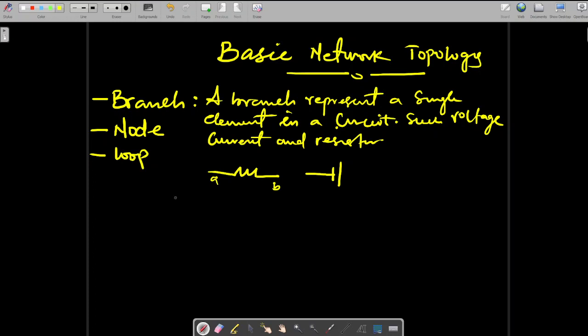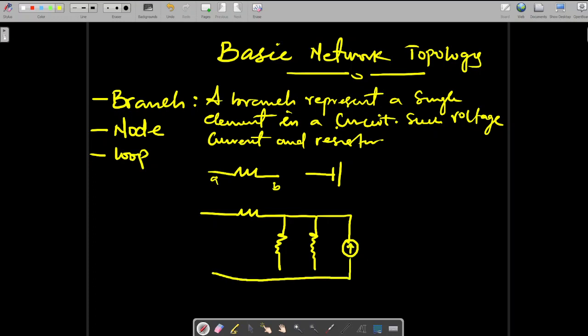Let's take for instance that I have a circuit like this. I just connected the source of current.